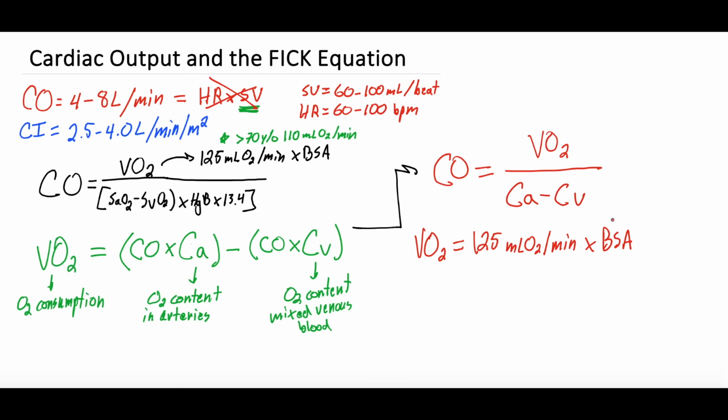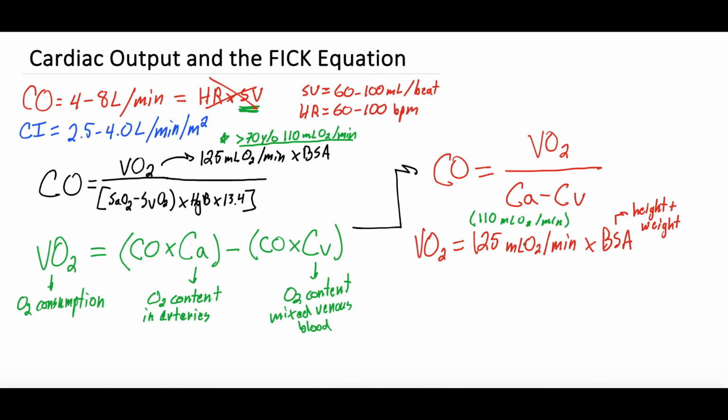Body surface area is calculated just using height and weight. All right. And then we did make the caveat that if you're greater than 70 years old, you have to use 110. So I'm just going to put that above this, 110 milliliters of oxygen per minute rather than 125, because when you're older you consume less oxygen.